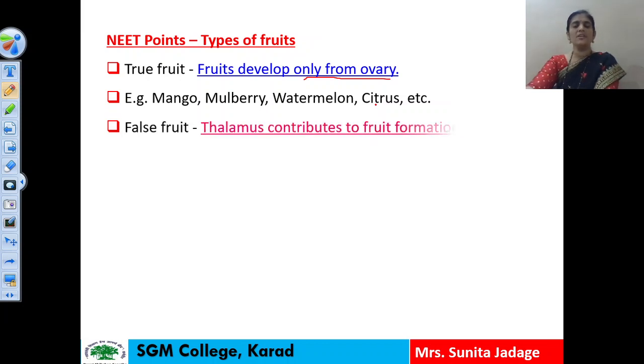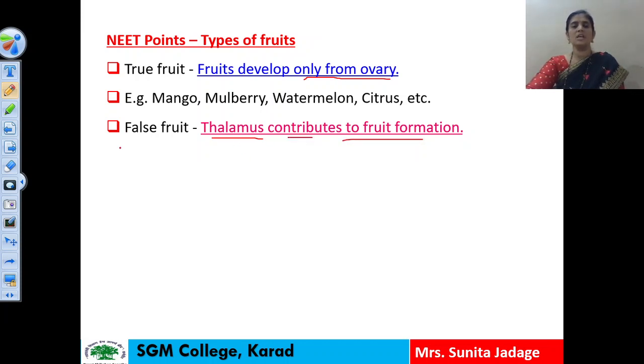The next point here, when the fruits are formed from the ovary and other parts are also involved, then such types of fruits are called false fruits. Here you can see in some fruits the thalamus, which is present above the stalk of the flower on which the different floral whorls are developed, contributes to the fruit formation.